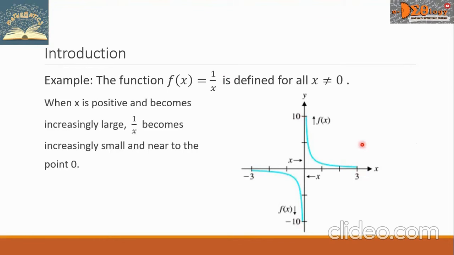We can see that when x is positive and becomes increasingly large, the function 1 over x becomes increasingly small and near to the point 0. So we write the limit of the function 1 over x as x approaches positive infinity equals 0.